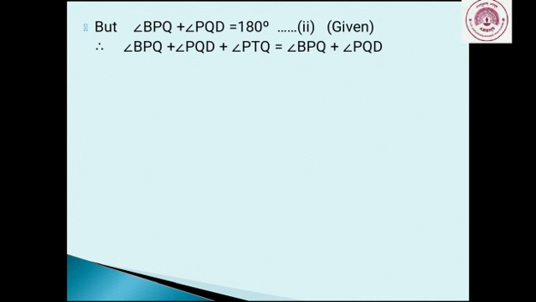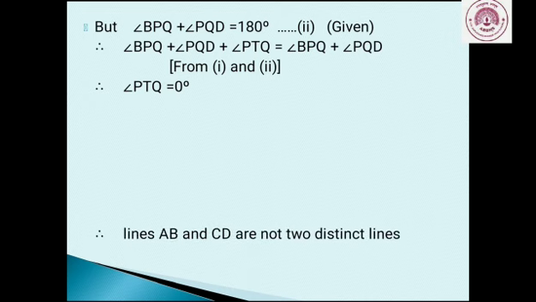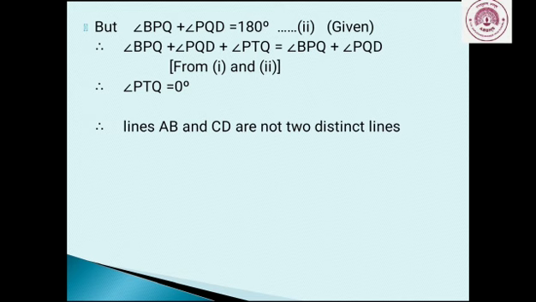Now angle BPQ and angle PQD are common on both sides, so they will be cancelled. From equations 1 and 2, angle PTQ is equal to 0 degrees. Therefore, lines AB and CD are not two distinct lines.